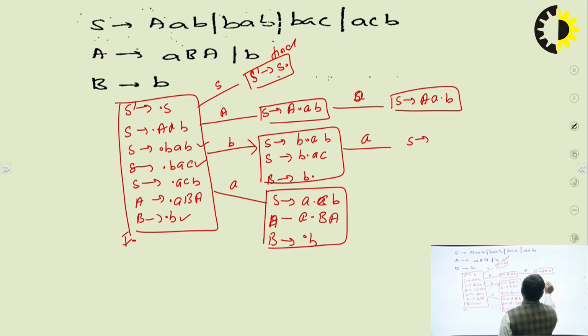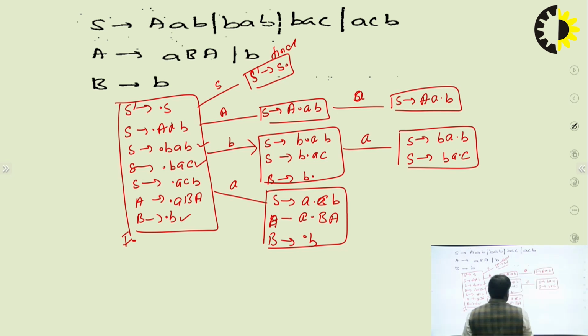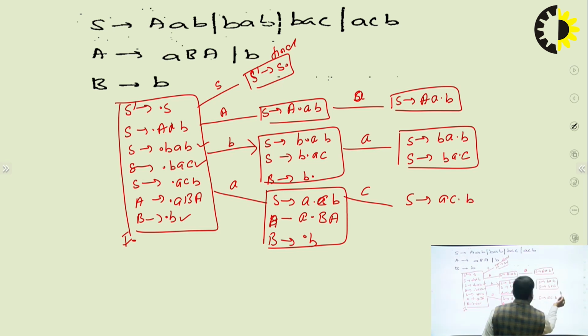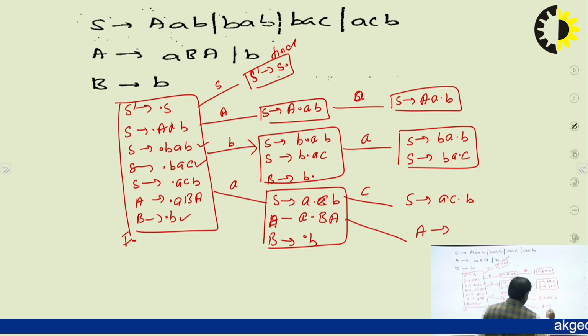Now here S tends to BA dot B, and S tends to BA dot C, and here no further expansion is allowed. Here we explain C. Now S tends to AC dot B, B is a terminal, so no need for further explanation.